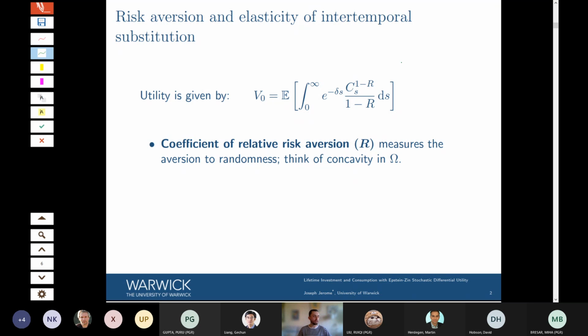Another way of thinking about this: let's forget about the randomness for a moment, and suppose we are just considering deterministic consumption streams. We can get rid of the expectation, look at this integral, and define a new probability measure Q on the Borel sets of the positive real line, equal to the following.